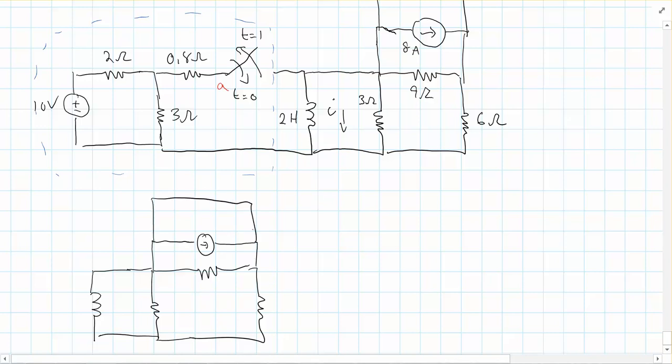Because the switch is closed, that's what we have. My inductor almost looks like a resistor there, and some of my resistors look like inductors. That's why I label everything again, so I know which ones are inductors and which ones are resistors. Now, this is the circuit for t less than 0.